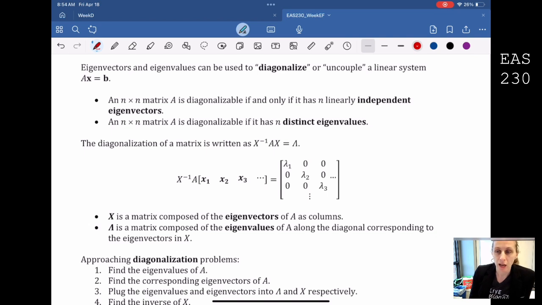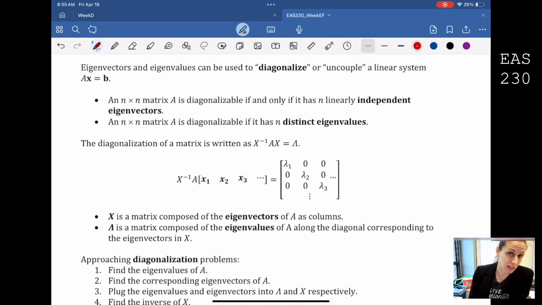So eigenvectors and eigenvalues can be used to diagonalize or uncouple a linear system. They can be used to help solve systems, kind of like factorization. It's like a special additional form of factorization. Okay, so a matrix can be diagonalizable, not always, but it can be diagonalizable if it has n linearly independent eigenvectors.